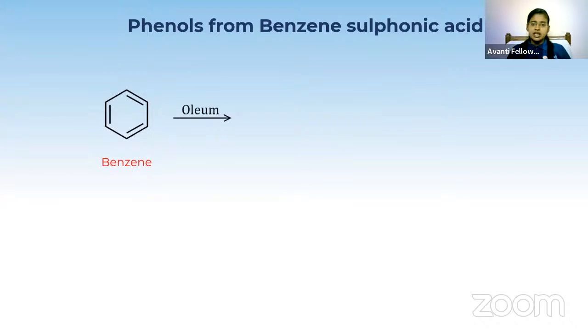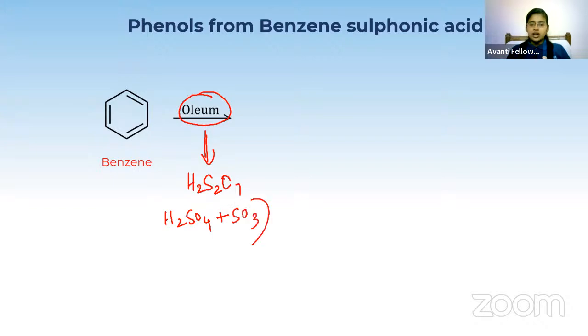Oleum is called fuming sulfuric acid and its formula is H2S2O7, which is written as H2SO4 plus SO3. This is called fuming sulfuric acid, and this is called oleum.